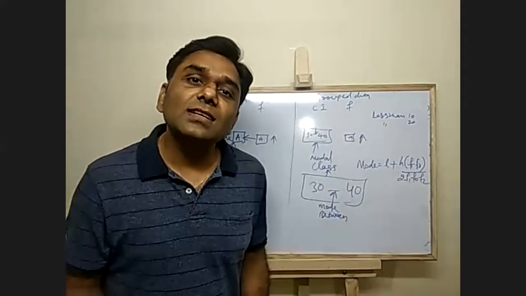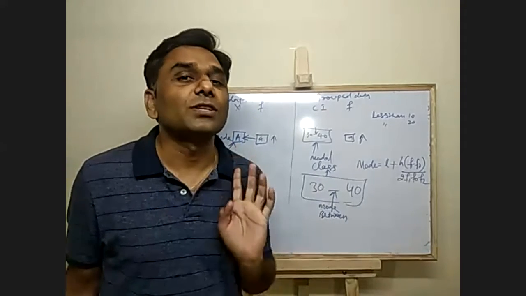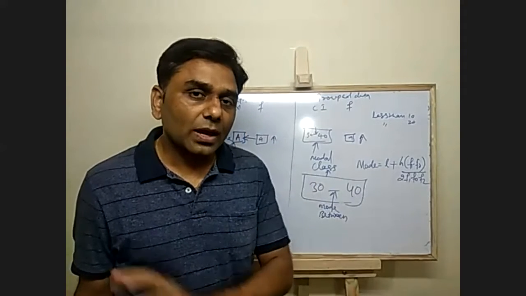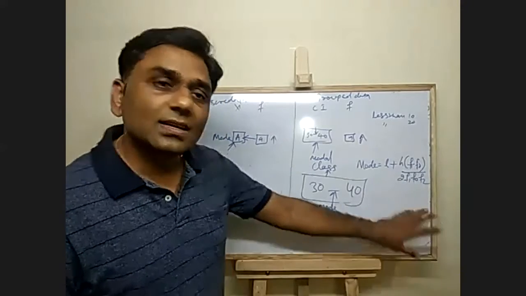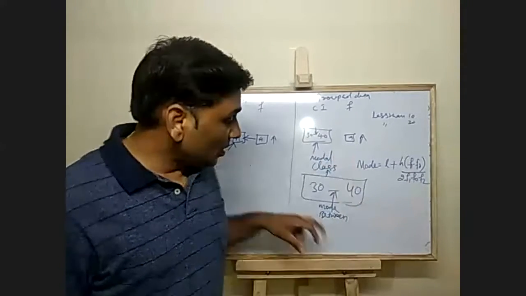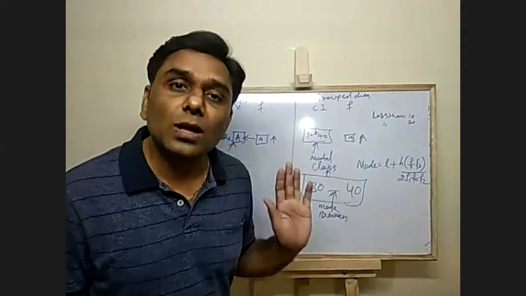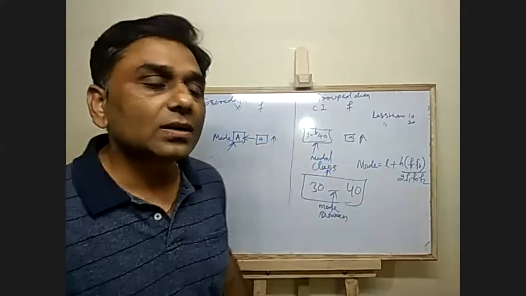If your answer is coming less than 30 or more than 40, then your calculations are wrong. You'll come to know while solving. As soon as you find the mode, see whether the final answer is between 30 and 40, that is, between the modal class. Correct or wrong, you will get your answer.